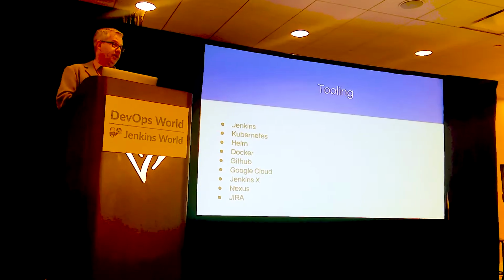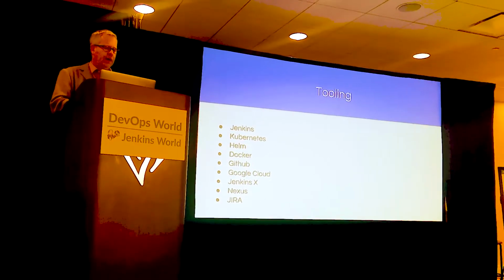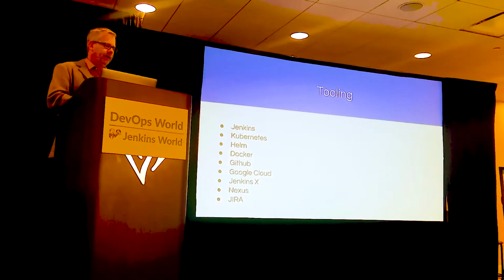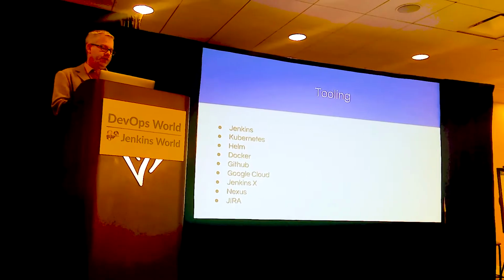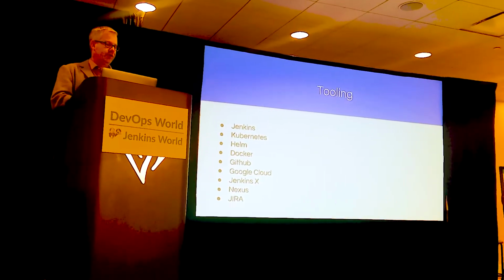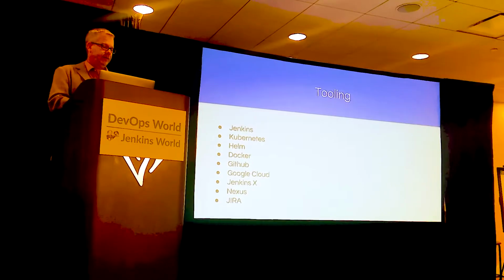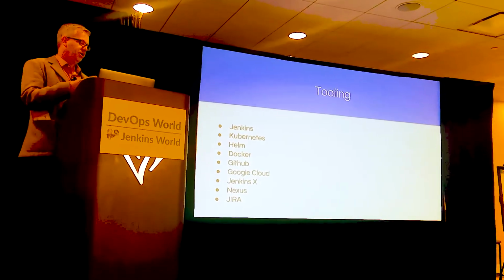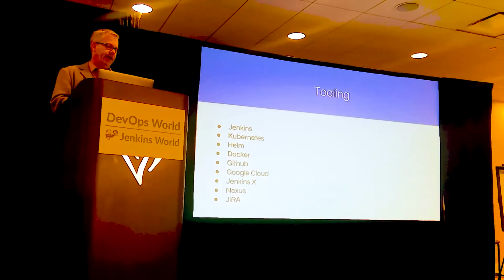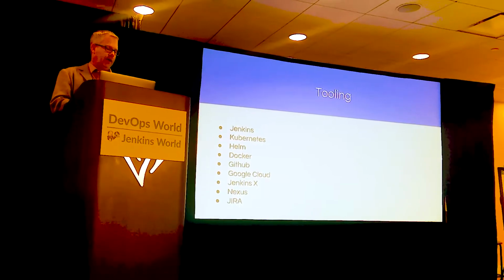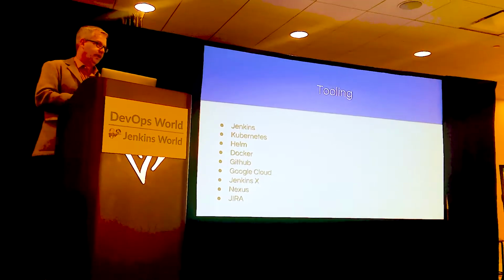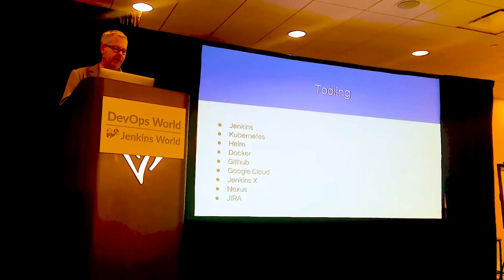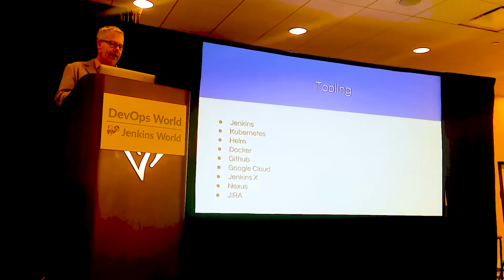With containerization. So the tooling that we're going to look at in this 10 minutes is Jenkins open source, which is part of the stack, Kubernetes, Helm, and Helm charts to deploy our containers and our applications. Docker, GitHub, which we're using as our Git source control management, and Google Cloud.